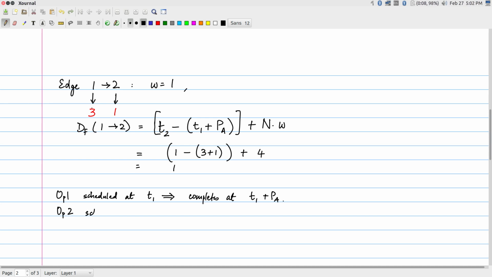Operation 2 is scheduled at T2. W delays correspond to N into W clock cycles. In other words, if I want to use the value produced by operation 1 W samples later, that corresponds to the execution at T2 plus N into W.